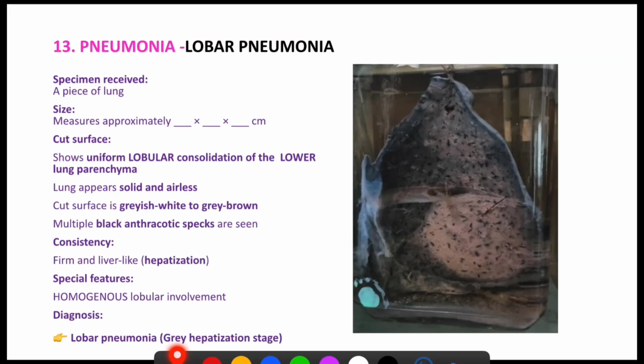Now another acute inflammation specific organ is lobar pneumonia. So this is the specimen of lung.